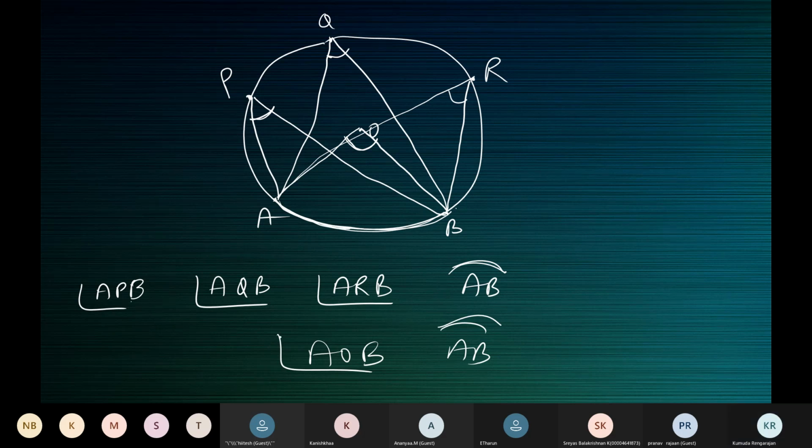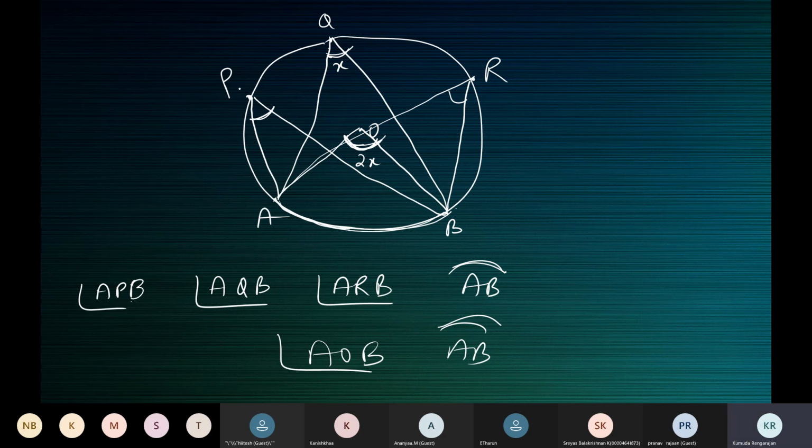Now, by the theorem, the angle at the center is double the angle on the circumference. So if this is 2x, then this will be x. AB makes AOB at the center, the same arc AB makes AQB on the circumference, and the relationship between these two is center double the circumference. So x to x.